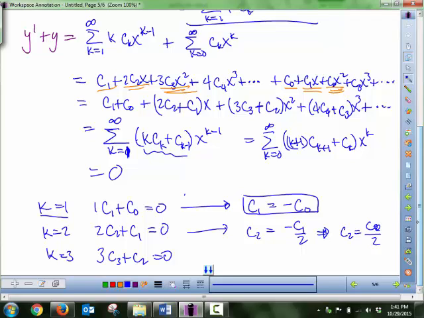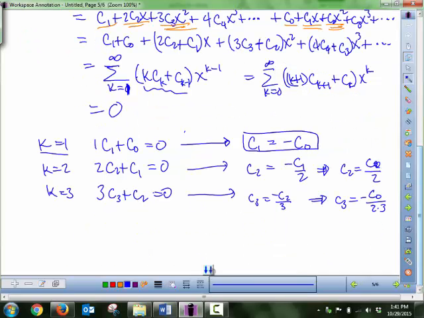And then c sub 3 is equal to negative c sub 2 divided by 3, which means c sub 3 is equal to, what's c sub 2? c sub 0 over 2, so it's negative c sub 0 divided by 2 times 3. Right?